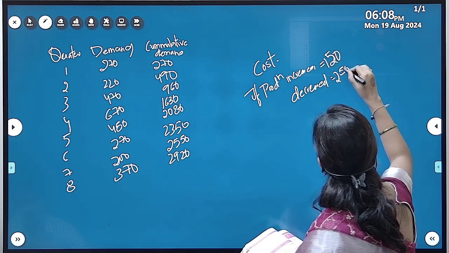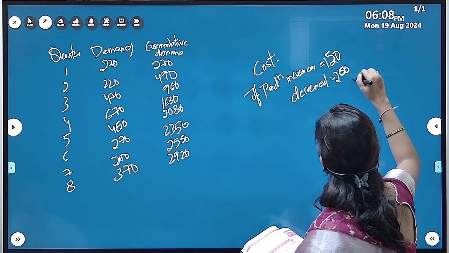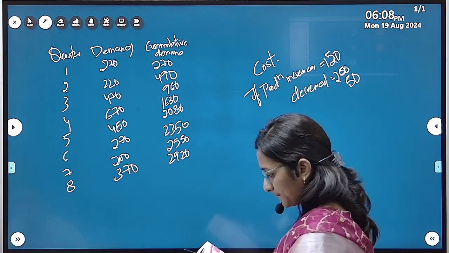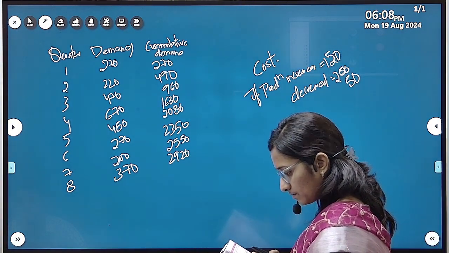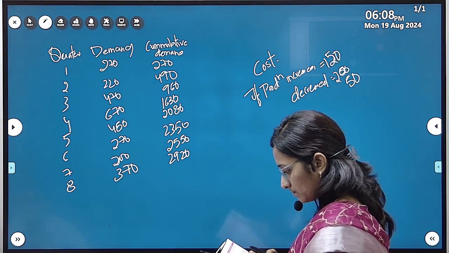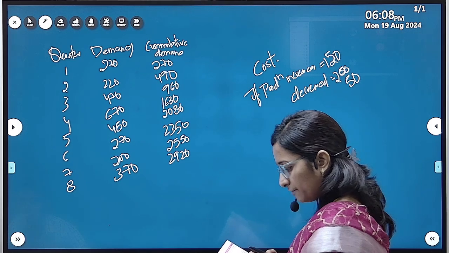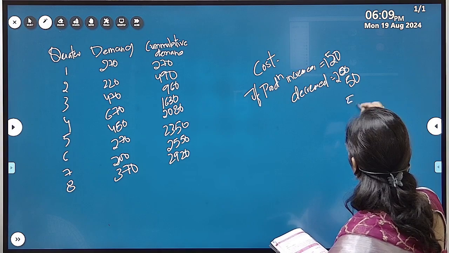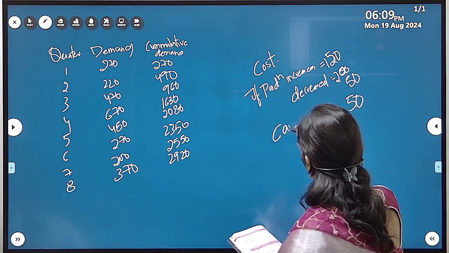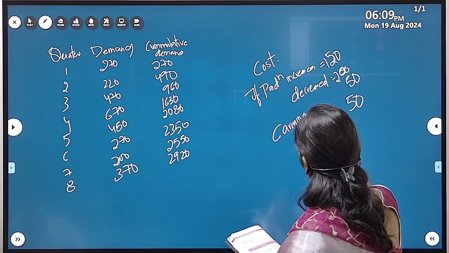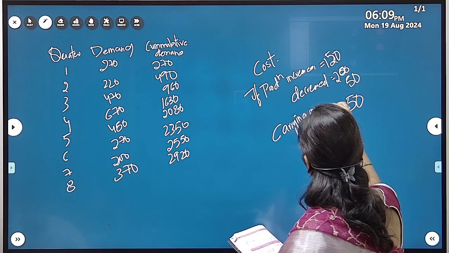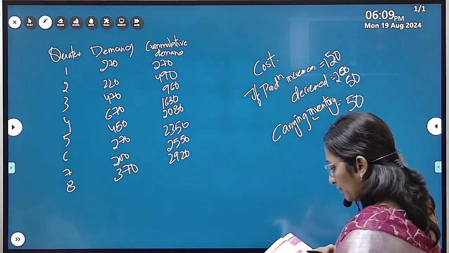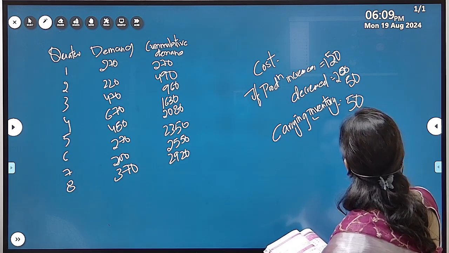If it decreases, the cost will be rupees 50 to decrease the production rate. Next, 50 rupees for carrying the items in inventory. Next, 100 rupees if it is subcontracted.